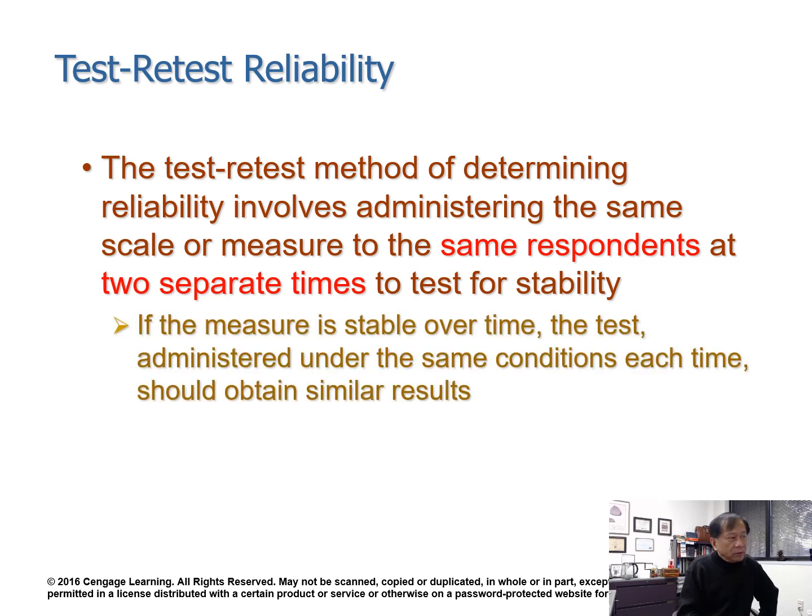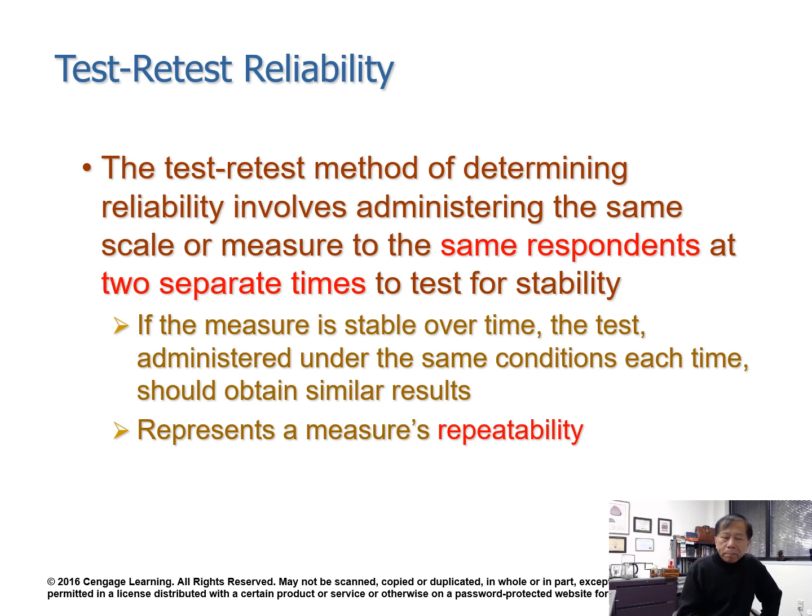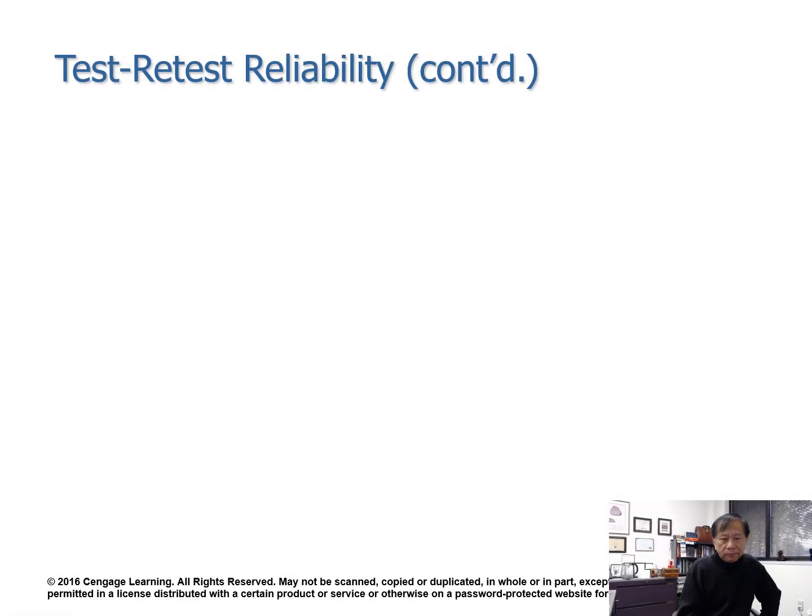If the measure is stable over time, the test administered under the same conditions each time should obtain similar results, so you have high test-retest reliability. It represents a measure's repeatability.